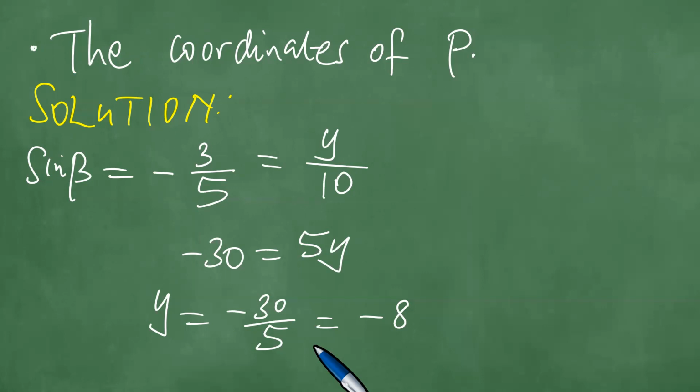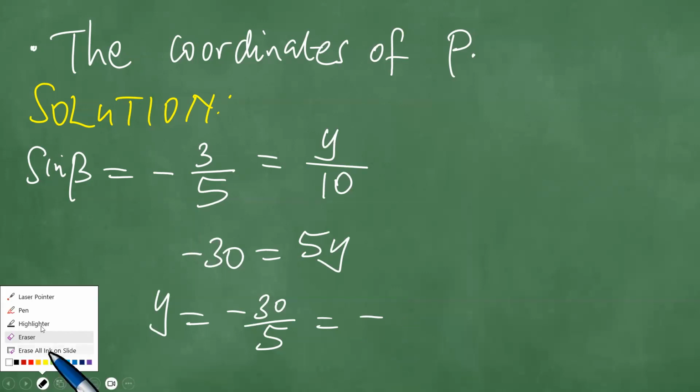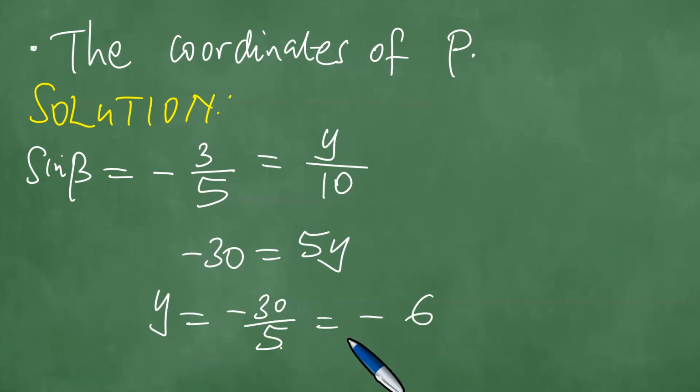If y is minus 6, then what is x? Let's just look at the diagram. Y is minus 6 because minus 30 over 5 is minus 6. So that gives us y equals minus 6.